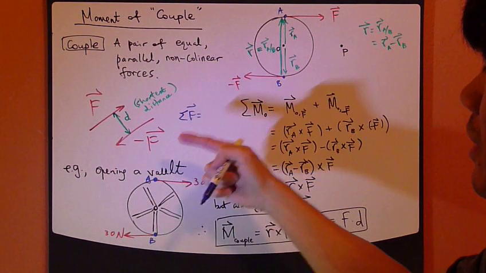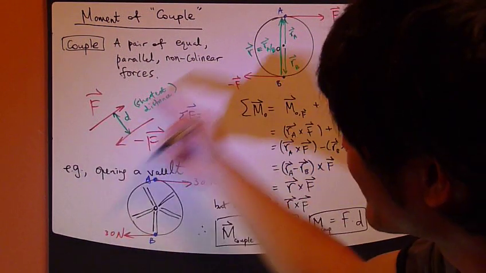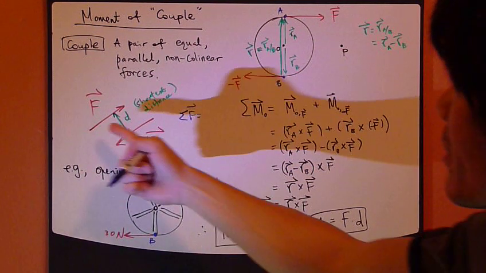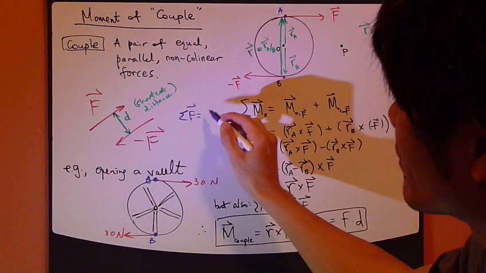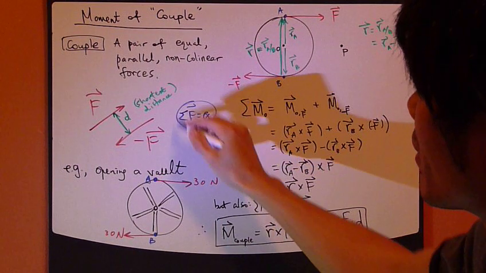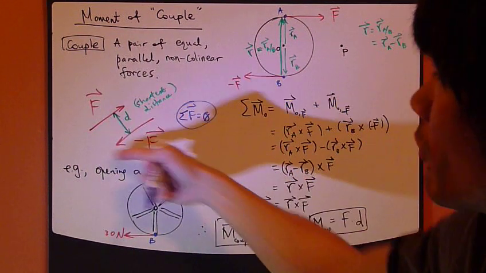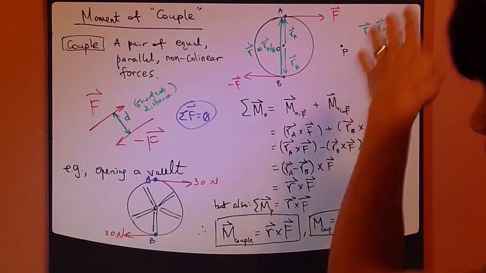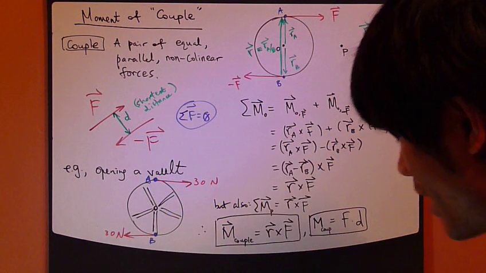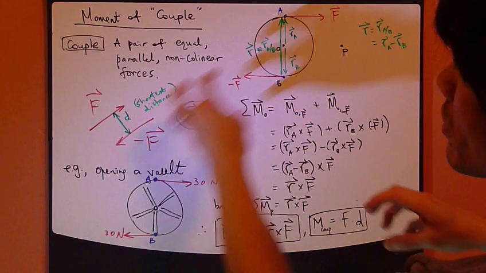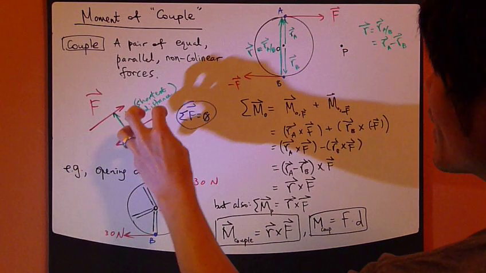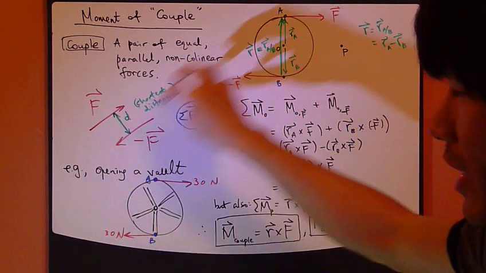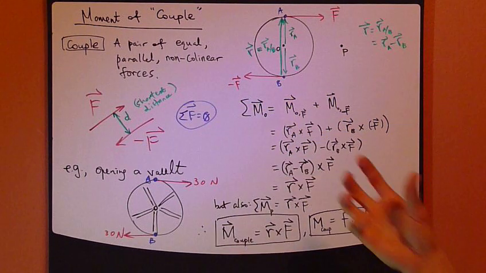So sum of forces in this direction equals 0, because this is cancelled out by this. So the sum of forces for this system of forces is 0. So linearly, they don't have any end result, to make an object try to move or shift linearly, because sum of forces equals 0.